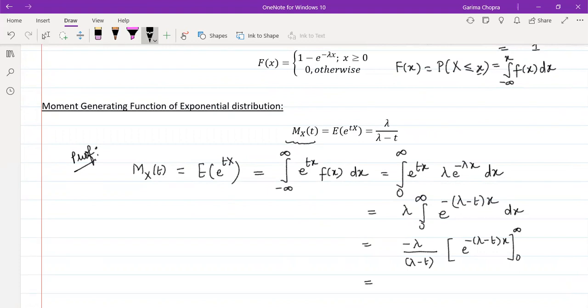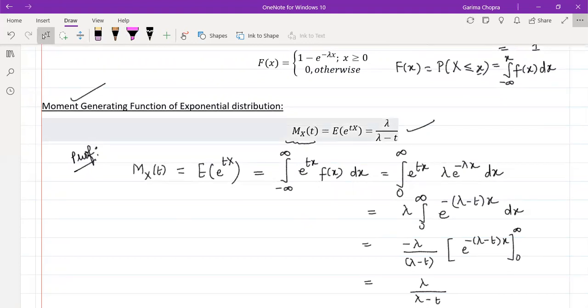So when we put these limits, we will get lambda upon lambda minus t. So this is the moment generating function for the random variable x, which has exponential distribution. So we are able to prove that the moment generating function is lambda upon lambda minus t.